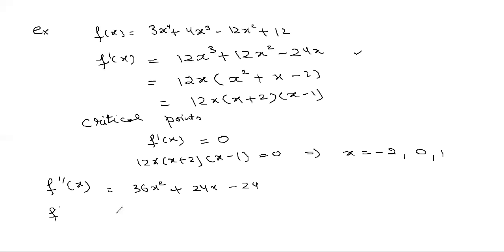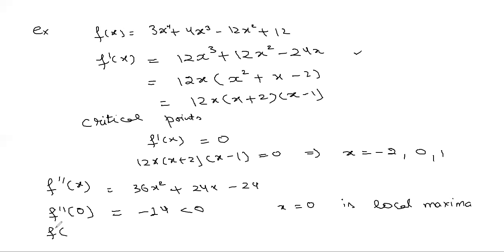The value of the second derivative at 0 is minus 24, which is negative. So x equals 0 is local maxima. Now the second derivative's value at 1, we get 36 plus 24 minus 24, which is 36. That is greater than 0. So it is a point of local minima.